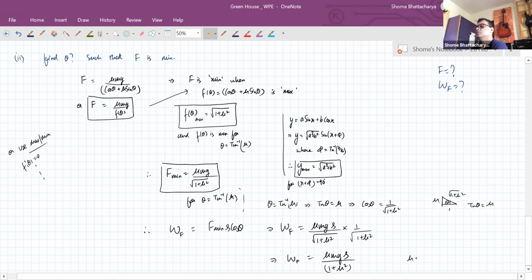Now in this you put the value of mu as 0.2, and the displacement is 20 meters. Okay, so this is the 11th question.